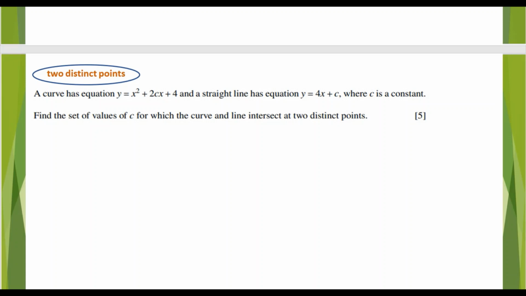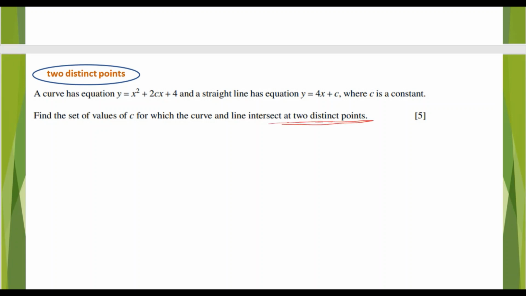Let us see one question from the past paper. A curve has equation y is equal to x square plus 2cx plus 4 and a straight line has equation y is equal to 4x plus c, where c is a constant. Find the set of values of c for which the curve and the line intersect at two distinct points.